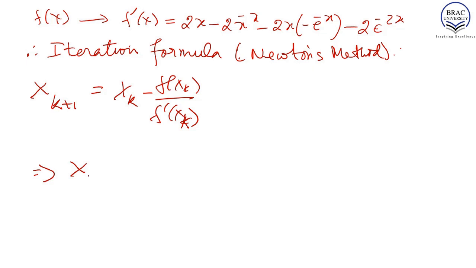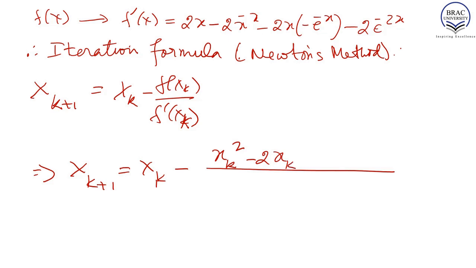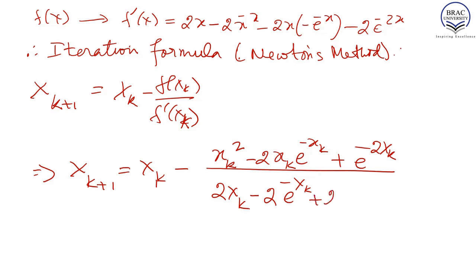our formula is x k plus 1 equal to xk, and then minus, let me write the expression here, xk square minus twice xk e to the power minus xk, and then plus e to the power minus twice xk, divided by this formula here, twice xk minus twice e to the power minus xk plus 2 xk e to the power minus xk, and then minus 2 e to the power minus twice xk.